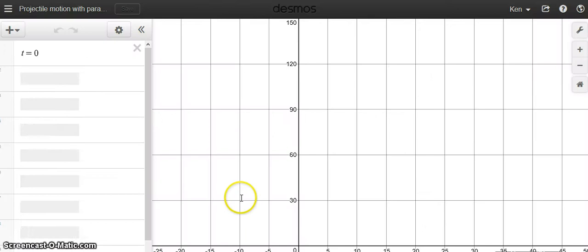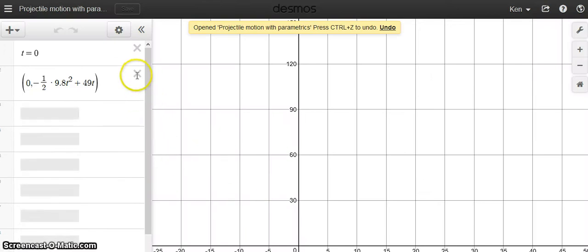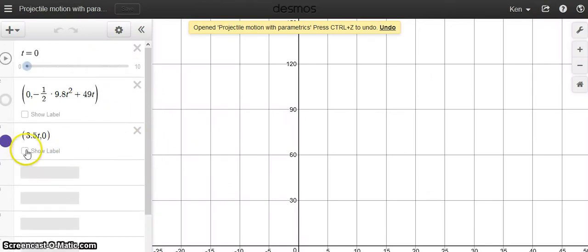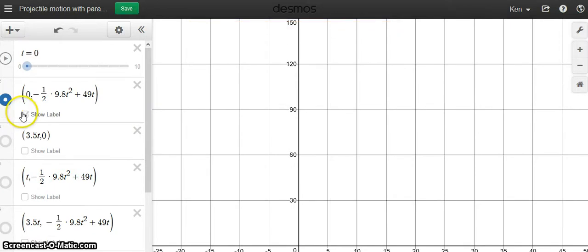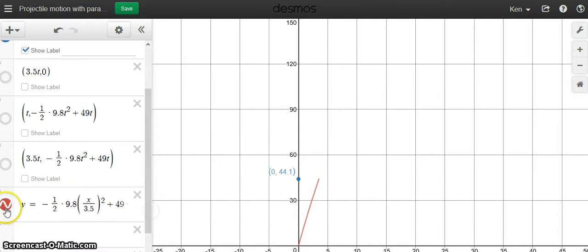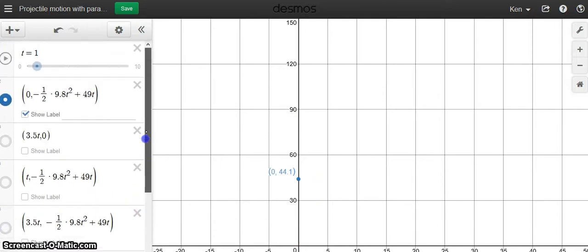Sorry about showing this. Okay, so I'm gonna have a projectile launched at 49 meters per second from the ground. What about its height? Its height goes straight up and down.